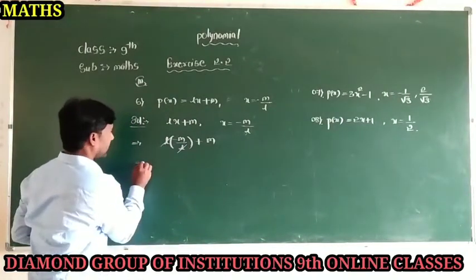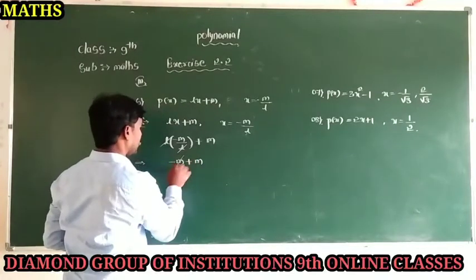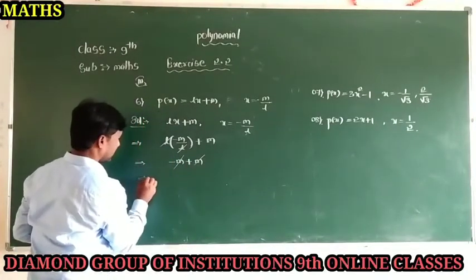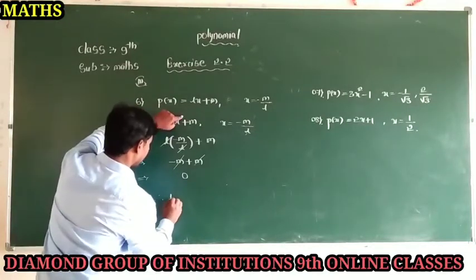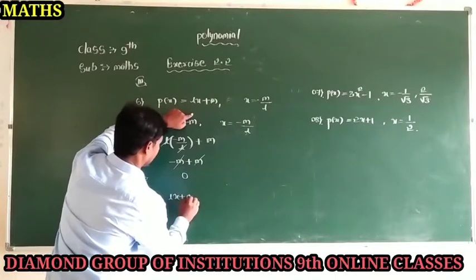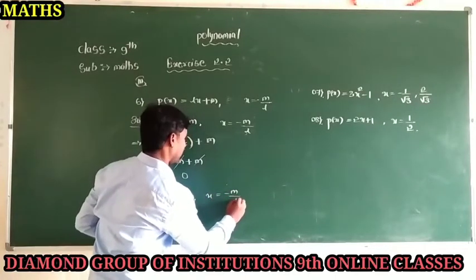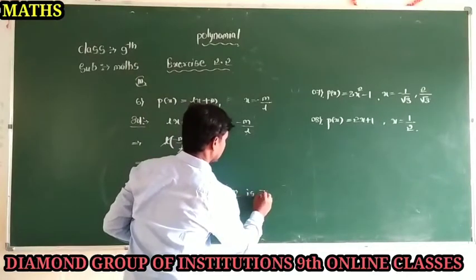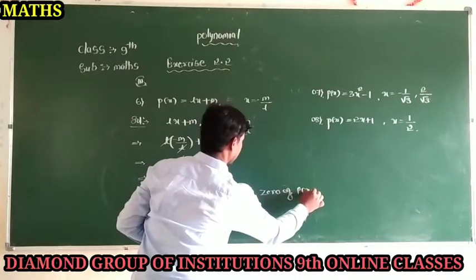So what remains? Here minus m and plus m. So minus m plus m both get cancelled. Answer is equal to 0. So we can say, dear students, lx plus m, and here x equal to minus m upon l is a zero of p of x, dear students.